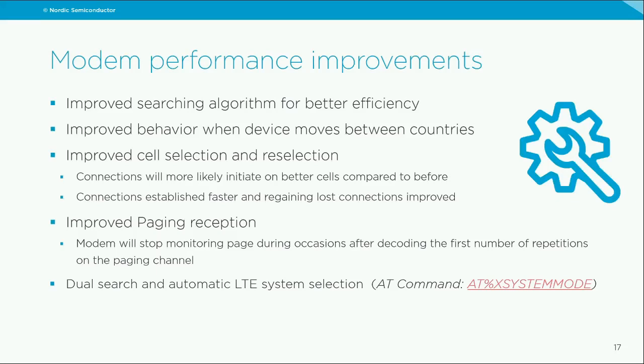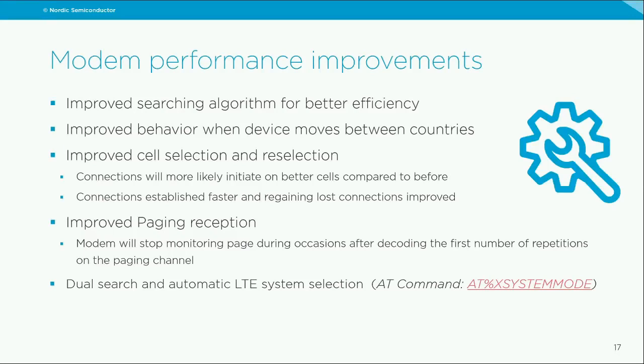And also we now have dual search and automatic LTE system selection support. This is documented in the AT%XSYSTEMMODE command. So now we can actually search for both LTE-M and NB-IoT concurrently, and this is very useful if you are in areas where you have support for both LTE-M and NB-IoT.